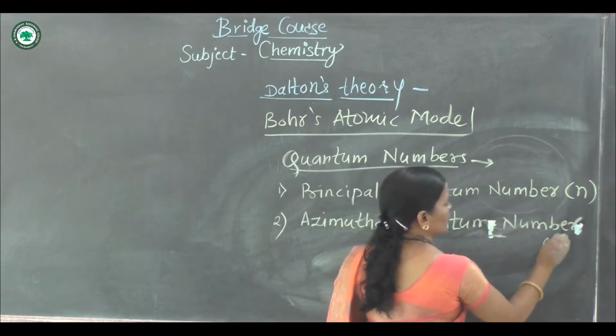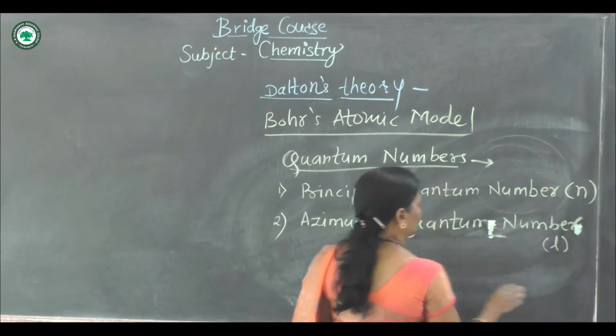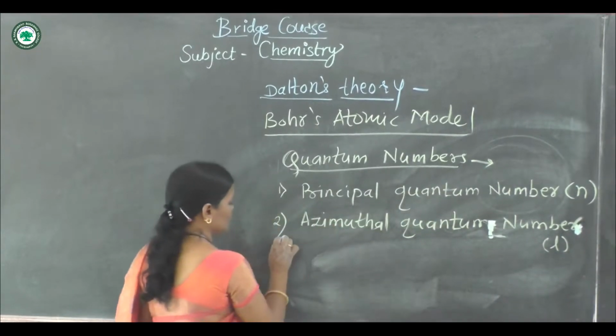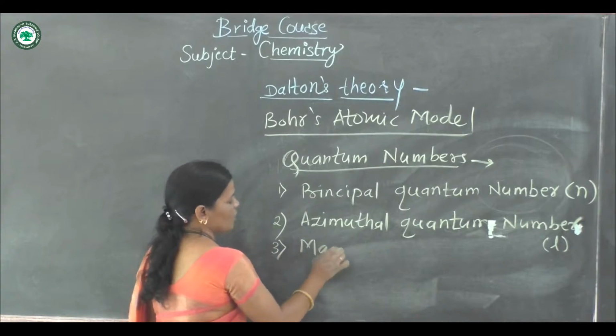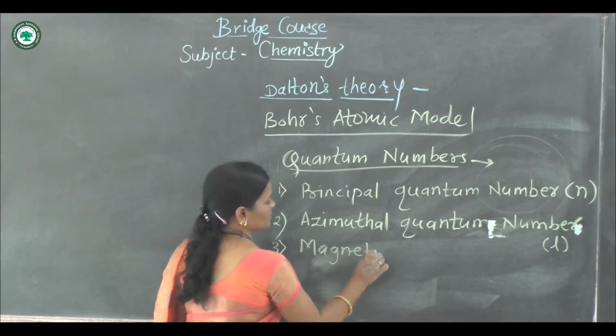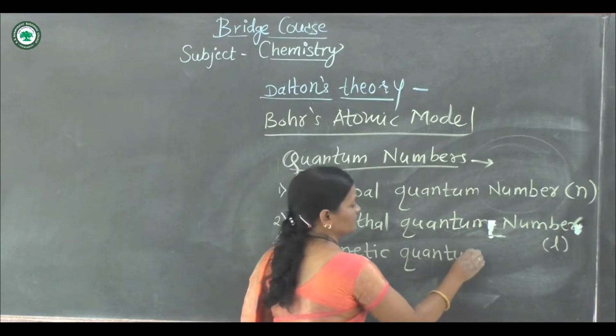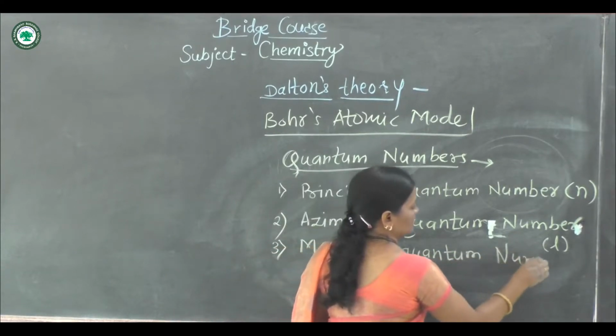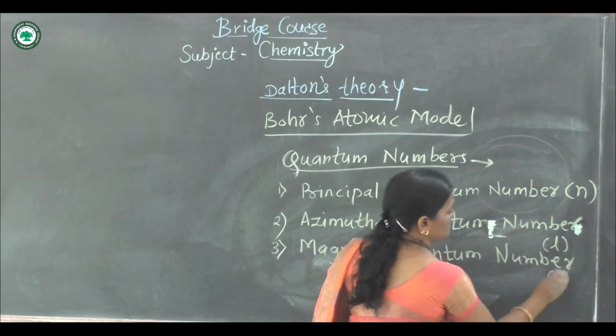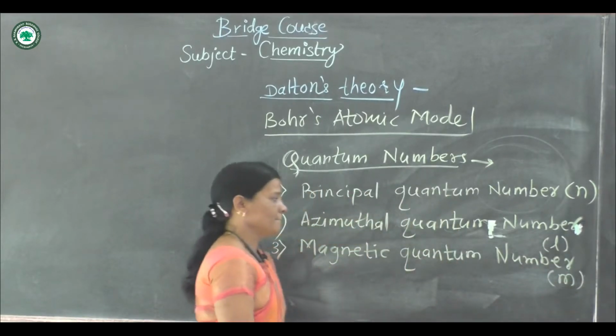It is denoted by small l. The third one is the magnetic quantum number. It is denoted by small m.